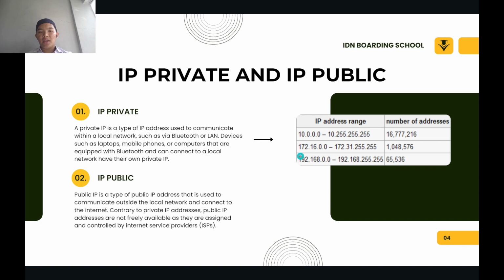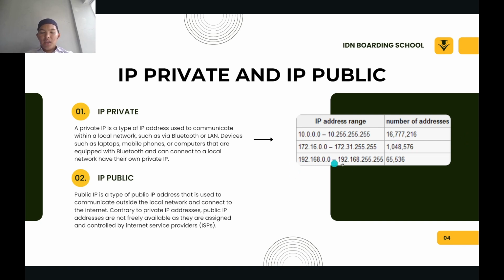The second range is 172.16.0.0 until 172.31.255.255, and the total number of IPs, or total hosts, that can be used is around 1 million.